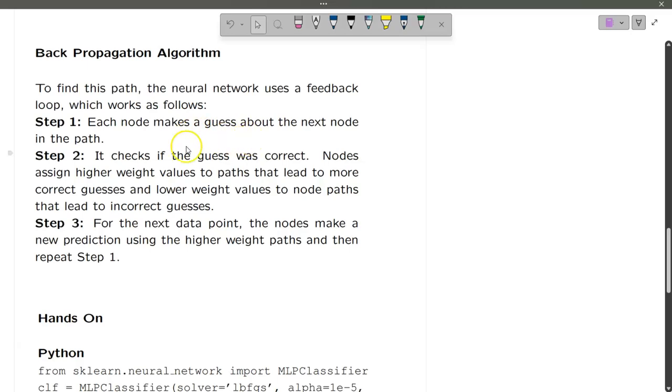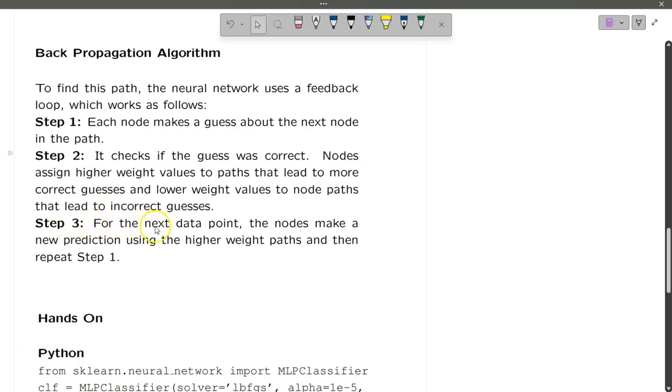Each node makes a guess about the next node in the path. It checks if the guess was correct. Nodes assign higher weight values to the paths that lead to more correct guesses, lower weight values to node paths that lead to incorrect guesses. So, a neural network trains itself without any human feedback. That's an example of self-learning.